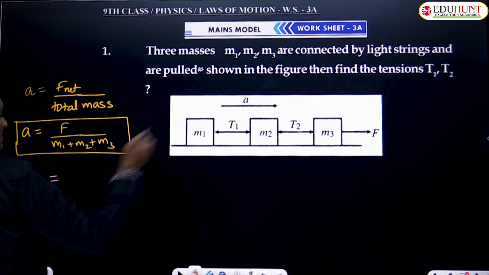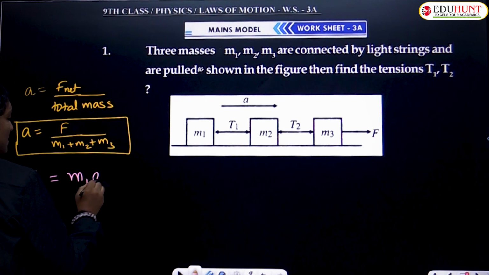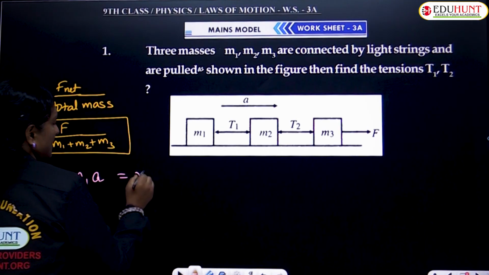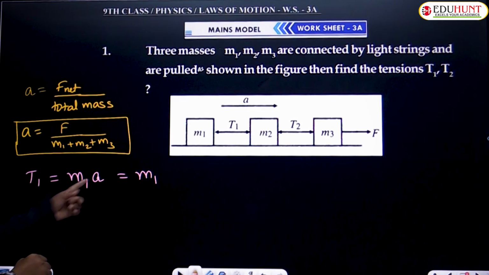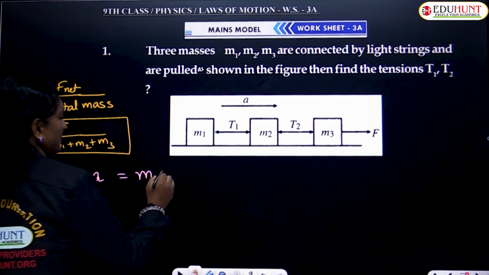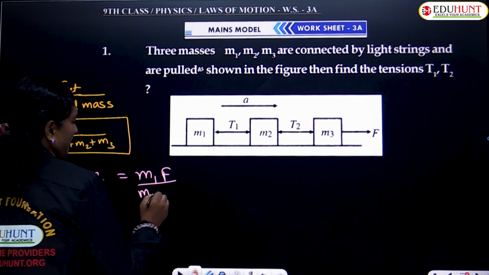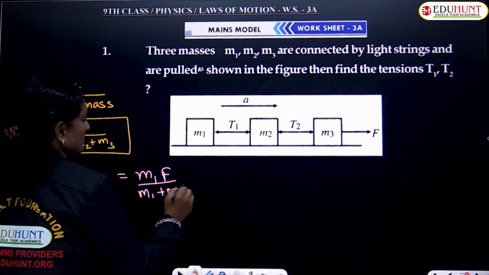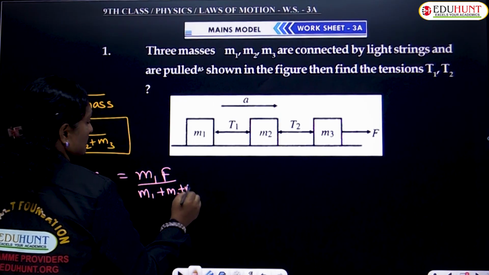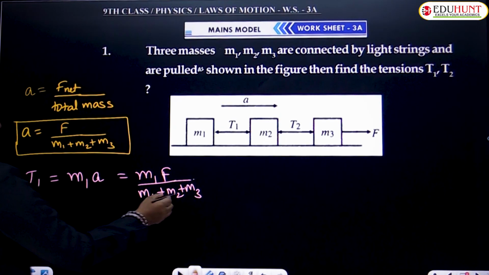So T1 is equal to mass M1 times acceleration a. This can also be written as M1 times the value of a, which we just calculated as F by M1 plus M2 plus M3. So the result will be M1F upon M1 plus M2 plus M3, which is the value of T1.